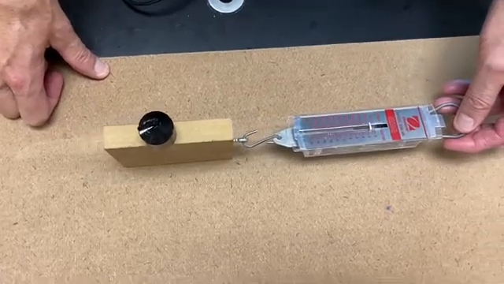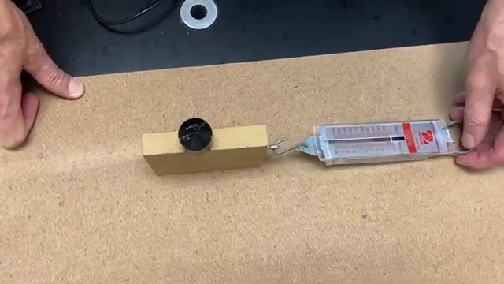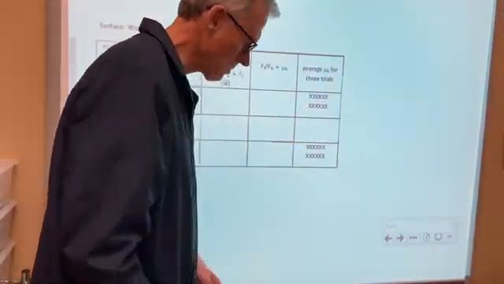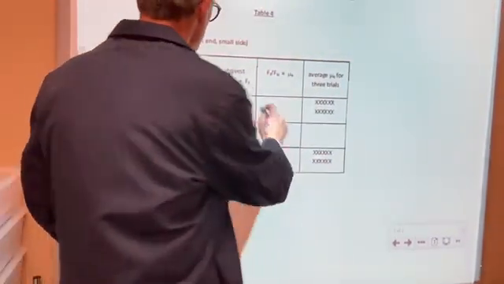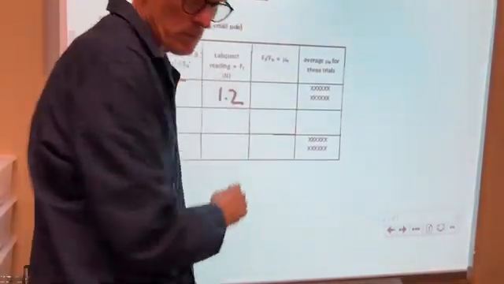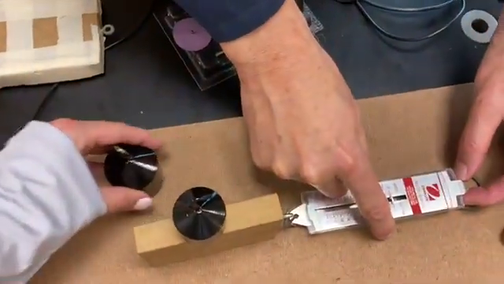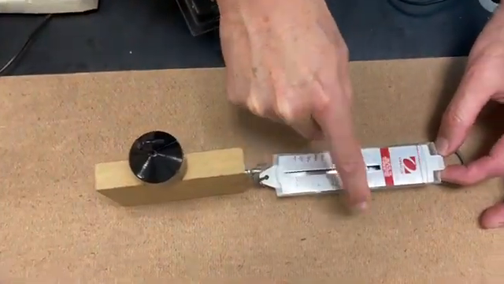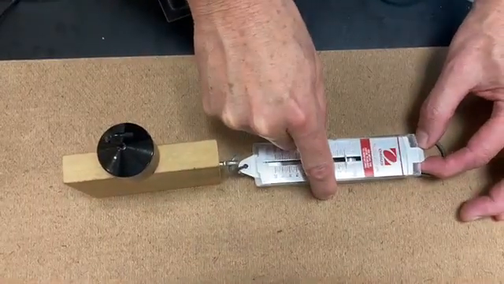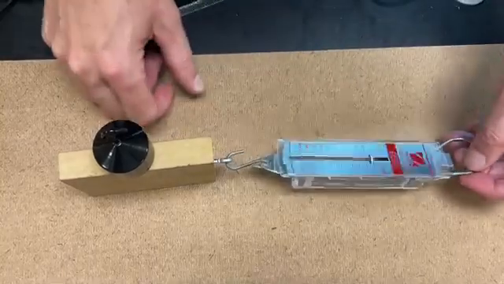And that is about 1.2. Okay, and now we're going to try the 200. Let me recalibrate it. It's hard to calibrate this. Okay, there we go.